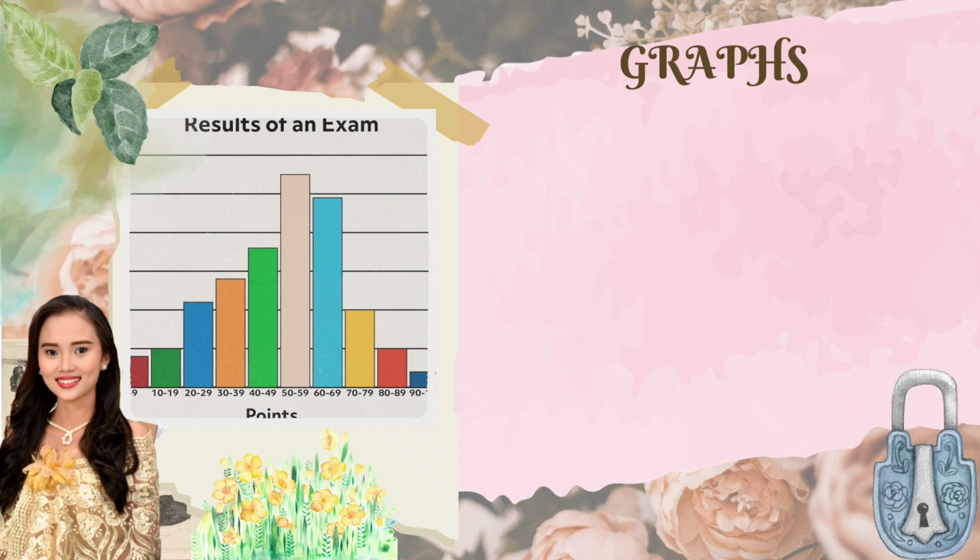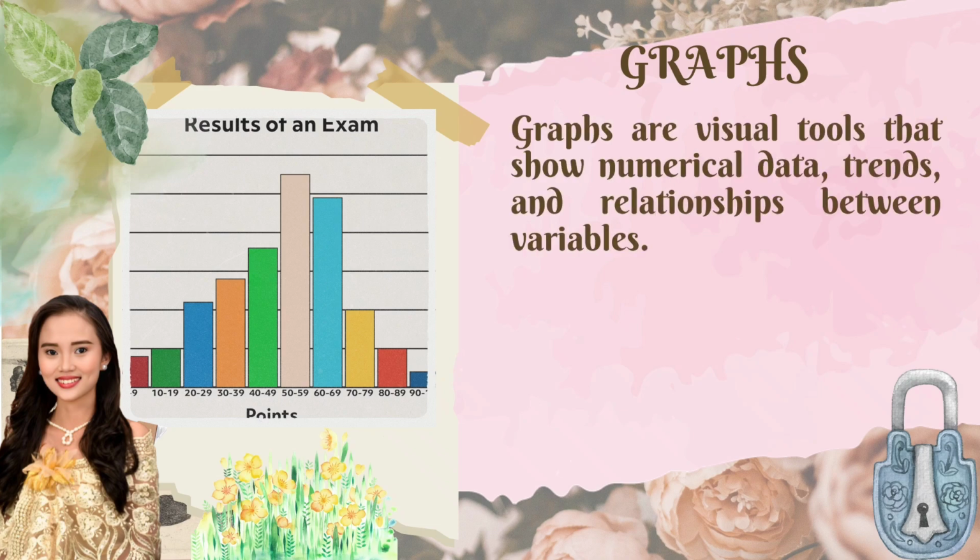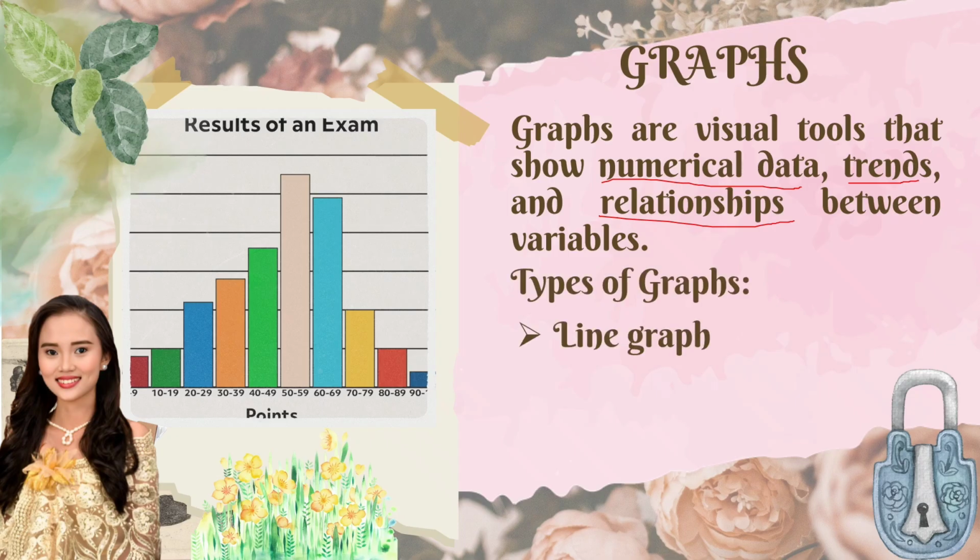So what is a graph? Graphs are visual tools that show numerical data, trends, and relationships between variables. The types of graphs that we can use are the line graph, bar graph, and pie graph. These are the common graphs that professionals use.